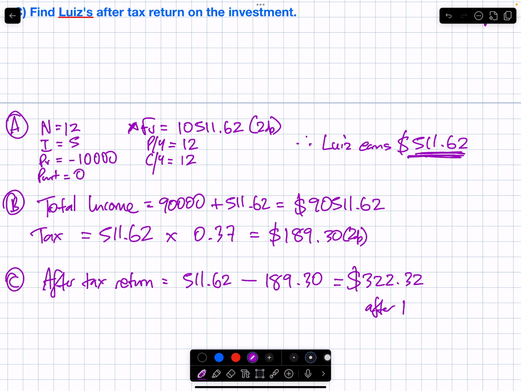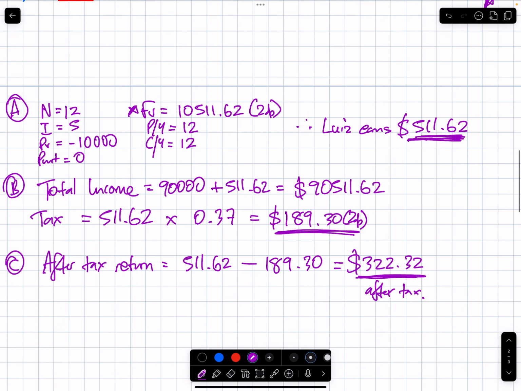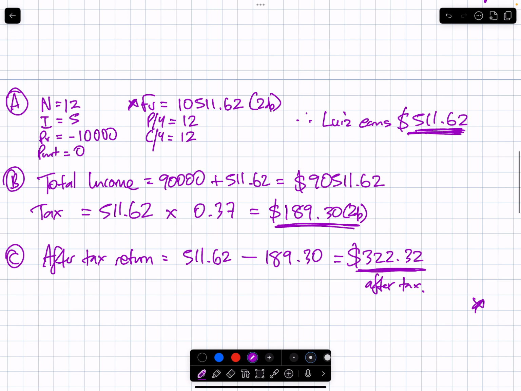After tax. So his investment should have earned him $511.62, but the government took away $189.30 as tax. So after tax, Louise only gets $322.32 from his investment. Okay, hopefully that helps you out.